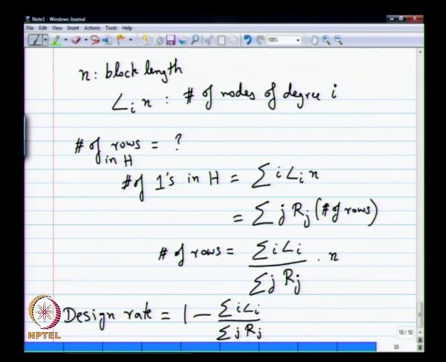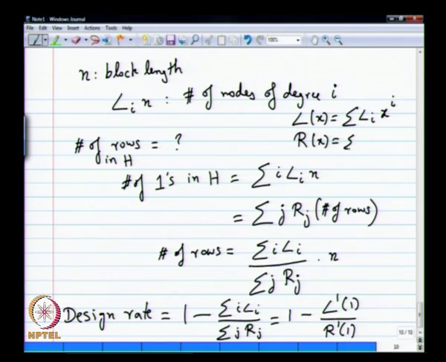So, to make this formula look more sophisticated, what is usually done is people write it as 1 minus L prime 1 divided by R prime 1, where L of x now is summation Li x power i, and R of x is summation Rj x power j, if you want.